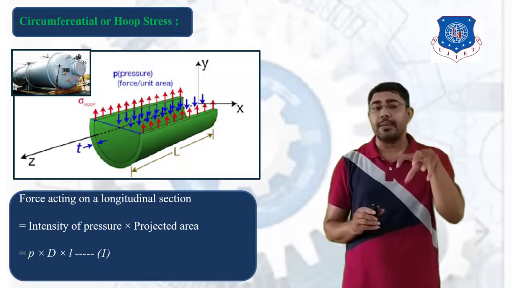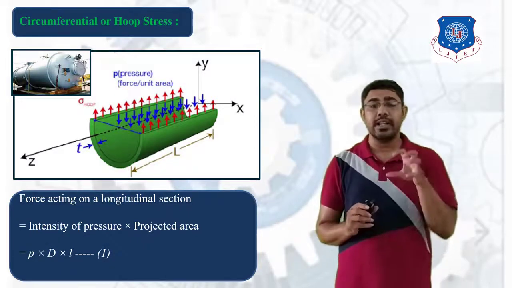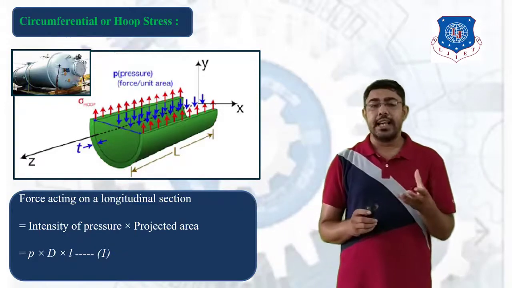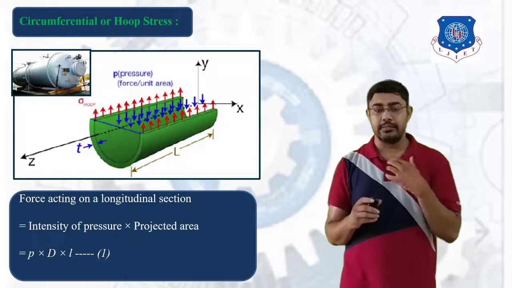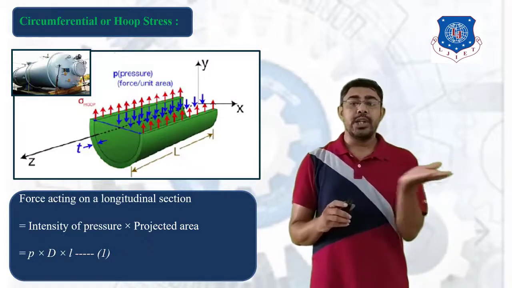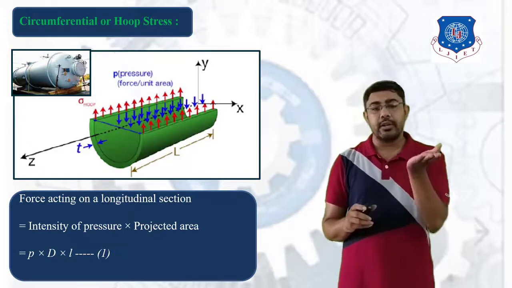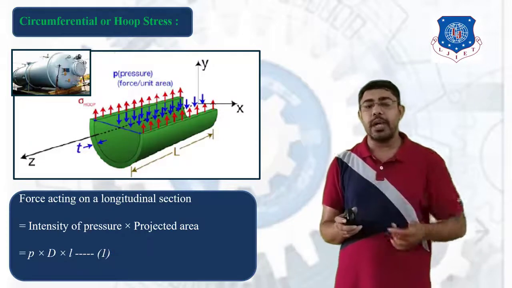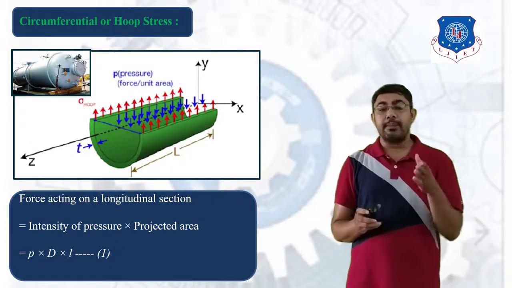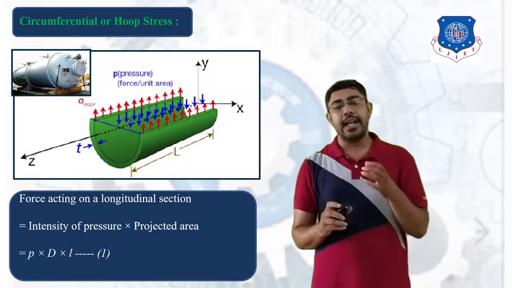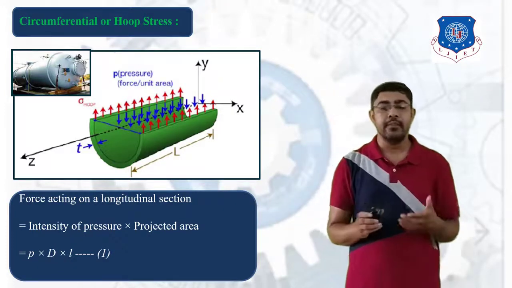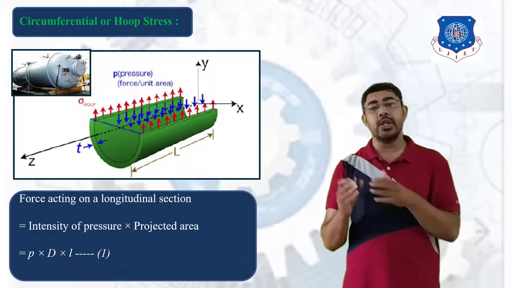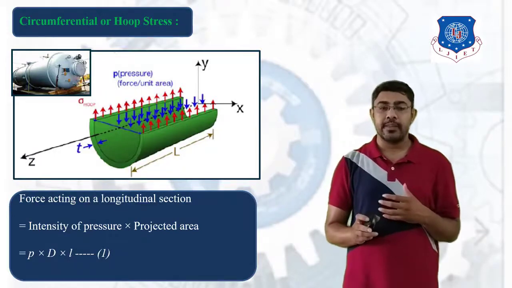Here the intensity of pressure, that is the pressure applied inside the pressure vessel, is P. The longitudinal cross section is considered, so the projected area is D into L. So if P is the intensity of pressure and the projected area is D into L, then the force acting on the longitudinal section is P into D into L. Give this equation number 1.